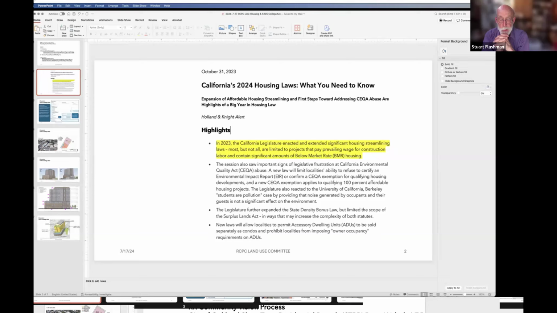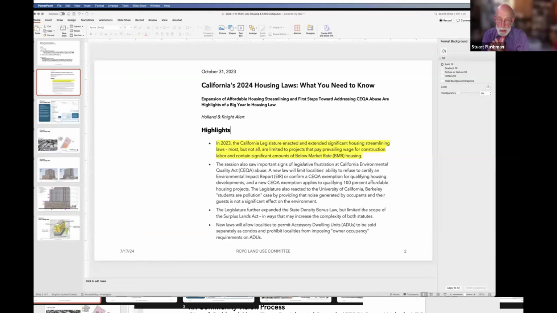There's been a push to, as you say, take all of the guesswork or discretion out of housing approvals, and of course, one of the things that goes along with making something ministerial, where it either meets the standards or it doesn't, is that you can't do CEQA. There is no CEQA for any ministerial approval. Because CEQA requires that there be discretion, and if there's no discretion, then what's to be discussed under CEQA?